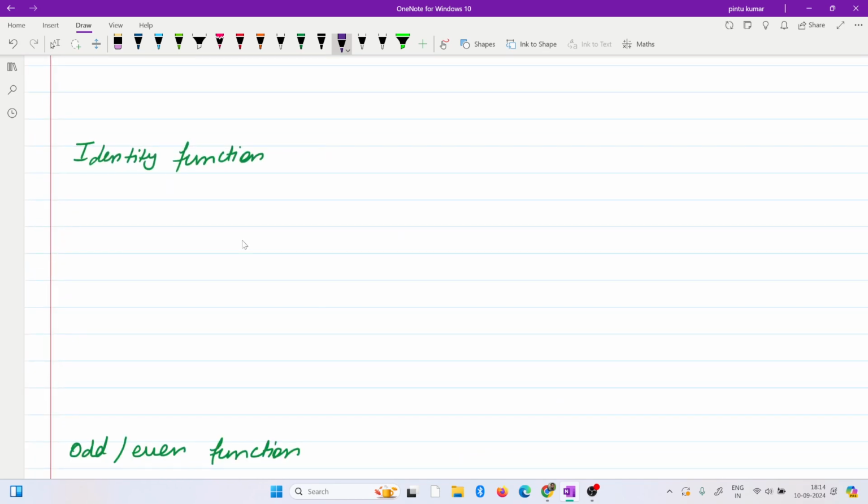Okay, so an identity function is a function from a set to itself. The first thing is that it should be a set to itself. And the second condition is f of x is just x. Okay, so if you give it x, it will return you x. This function is called the identity function.